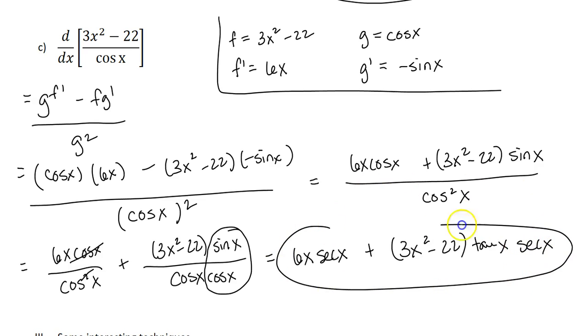So this would be my final answer. If you left it like this, that's fine as well. You may also notice that you could have, if you wanted to, bring the cosine up as a secant, so you would have 3x squared minus 22 times secant of x, and use the product rule instead. There's two options for this problem.